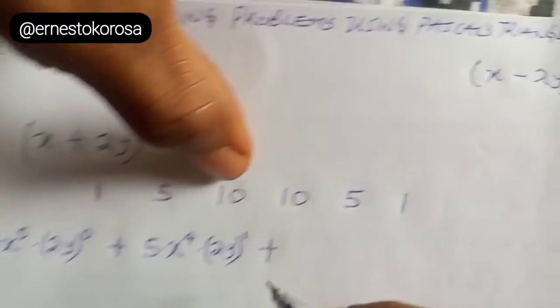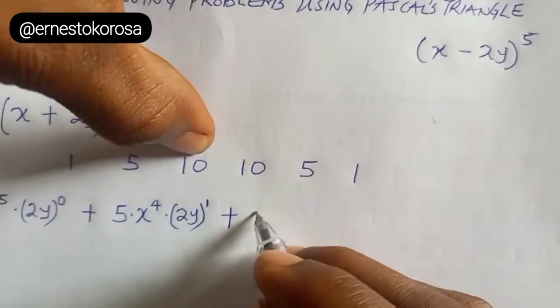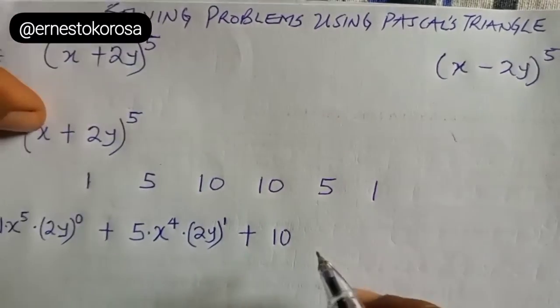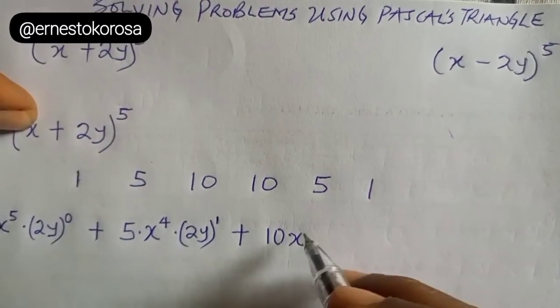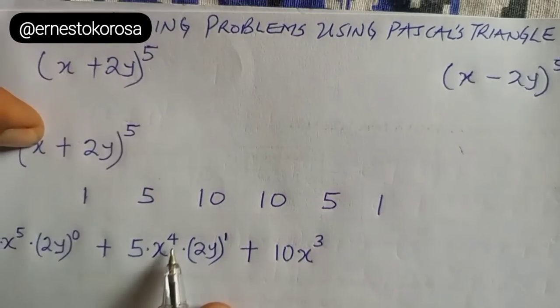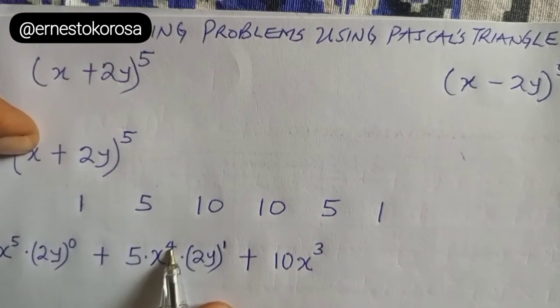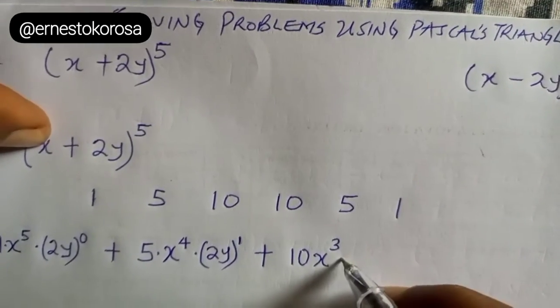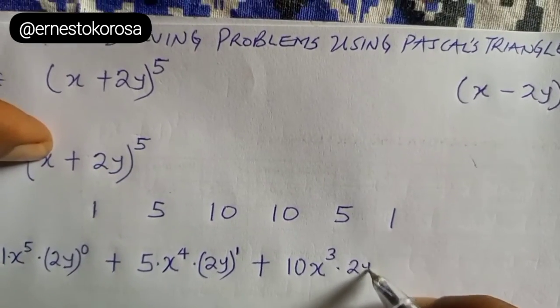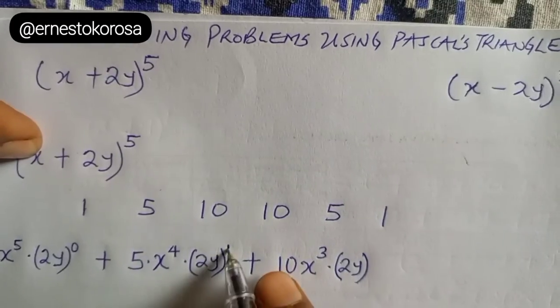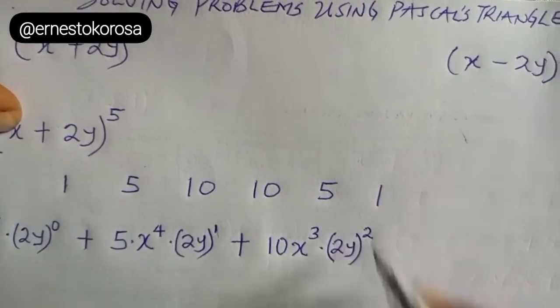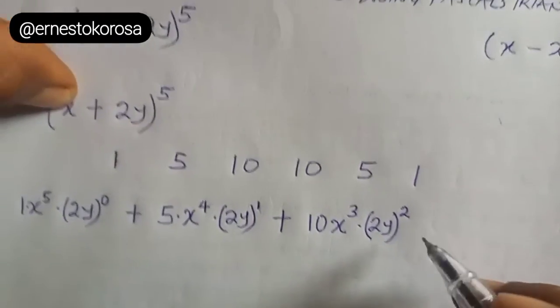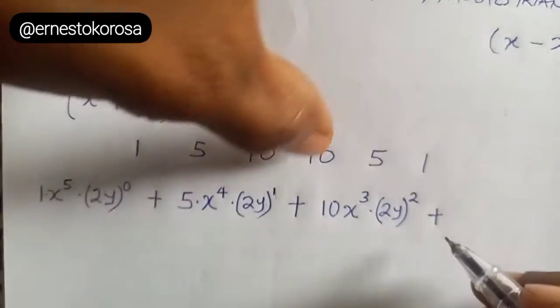Plus, our next coefficient is a 10. So 10 times x raised to power 3. You can see it is decreasing, while y will be increasing. Multiplied by 2y raised to power 2, from 1 to 2. The next coefficient, we have a 10.